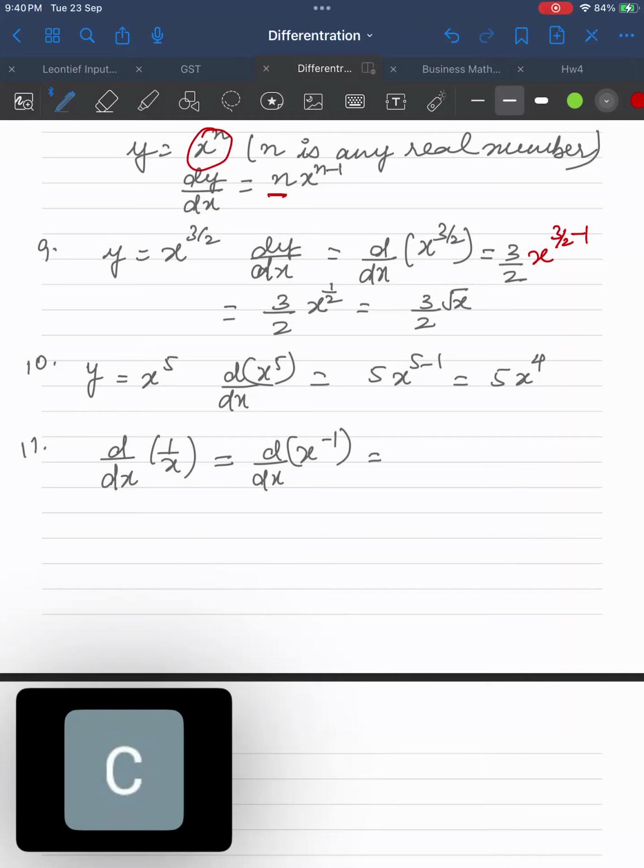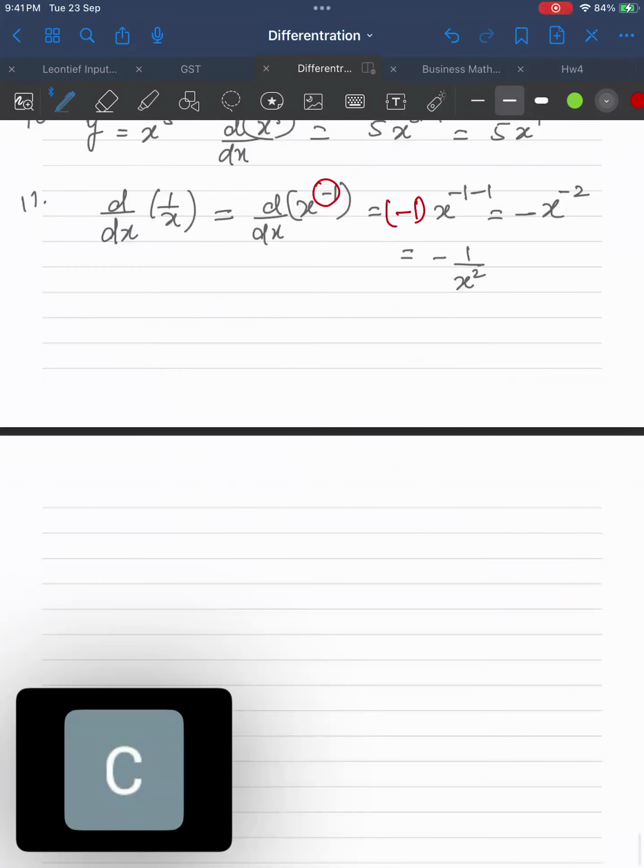Whatever is in the power would come in front, minus 1, and it would be x power minus 1 minus 1. It would be minus 1 times x power minus 2. Or I can write it as minus 1 upon x power 2. I don't want to keep things in negative, that's why minus 1 upon x squared.